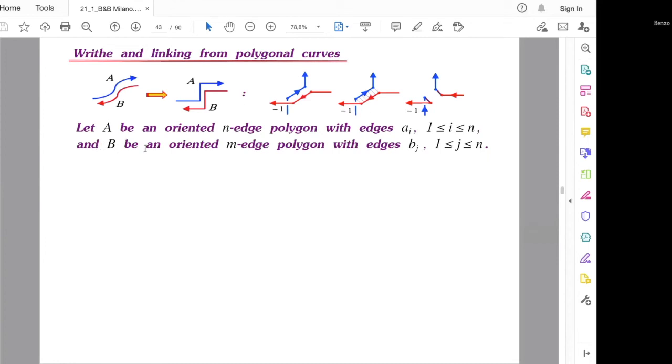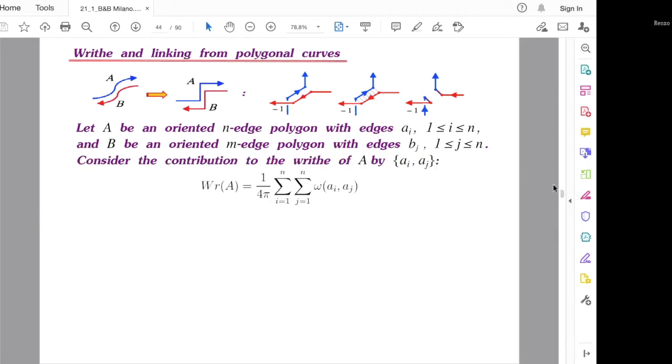So a sketch of the proof is made of 2 steps, and the first step is pretty important as well. So let A be an oriented n-edge polygon with all these edges equal, and B another oriented m-edge polygon with all these edges equal.